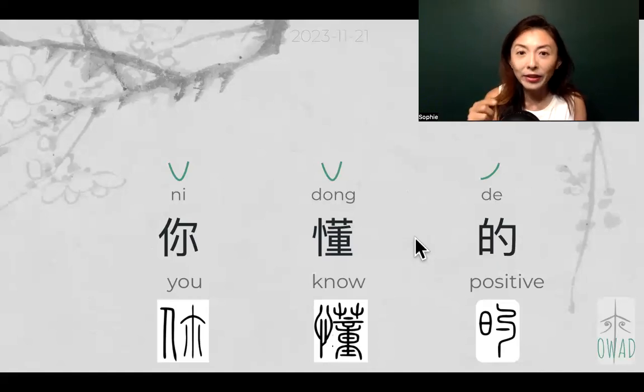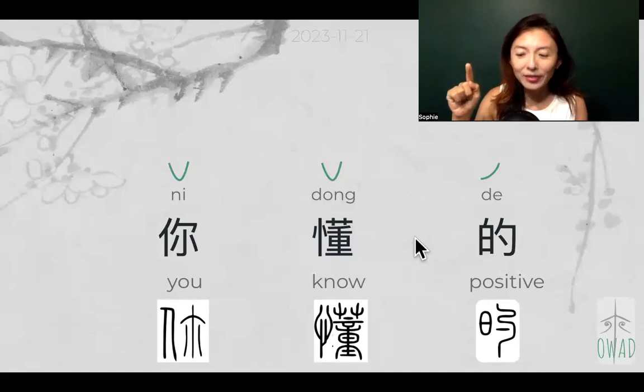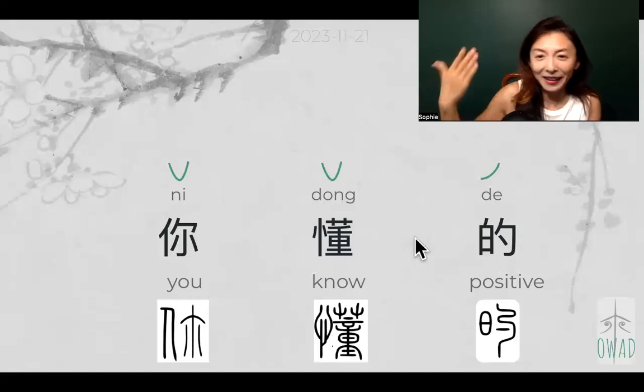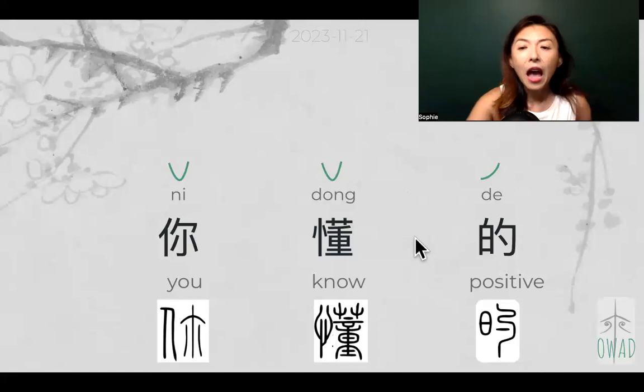So in Chinese, when you say 你懂得 with a rising tone, that means there are things unsaid, but I'm not saying it here. 你懂得 is like, we didn't say, but things are not stopped right there. You have to fill in the blanks of whatever I didn't say. Okay, so in here, 得 means positive, means confirm, 你懂.